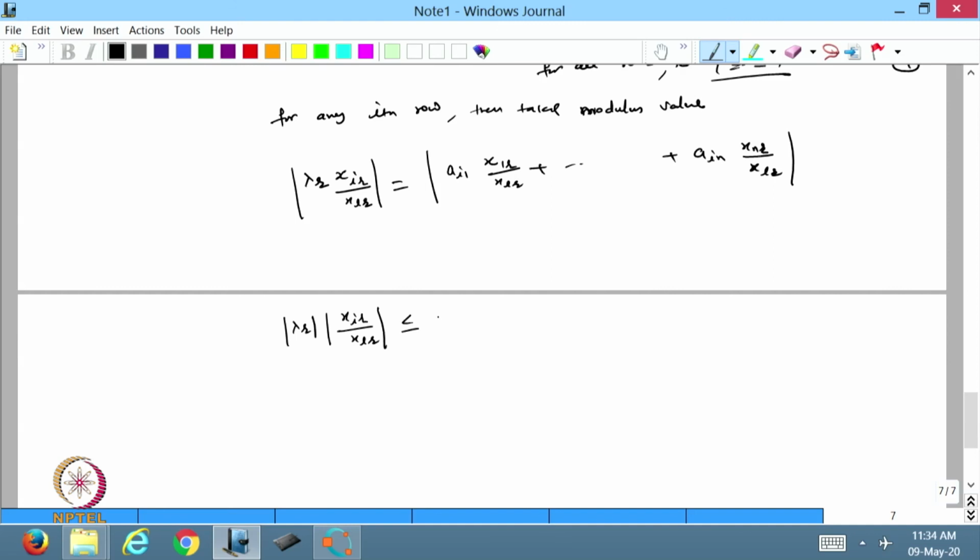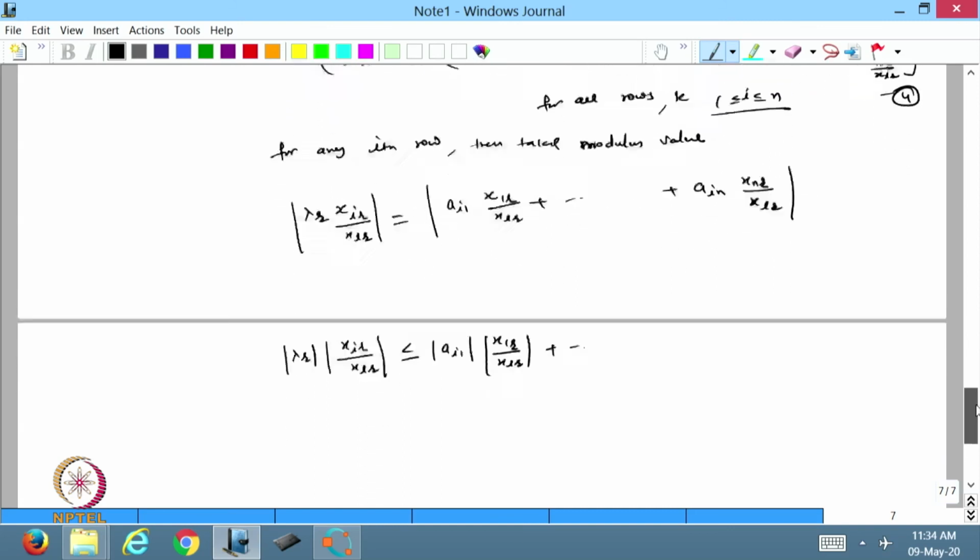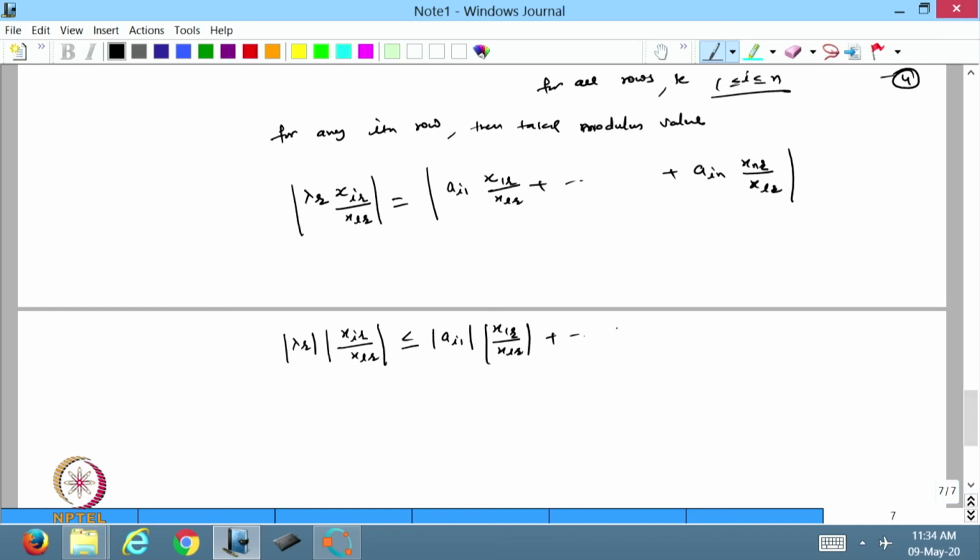a_I1 modulus x_1^r over x_L^r plus a_IL and then a_In modulus x_n^r over x_L^r. So, this one I have taken.